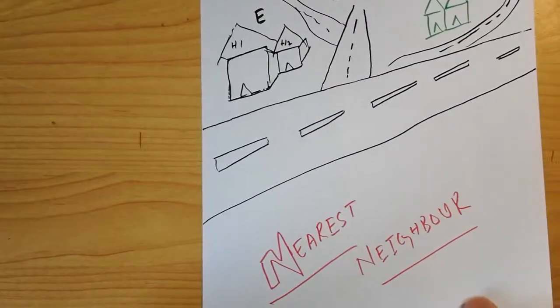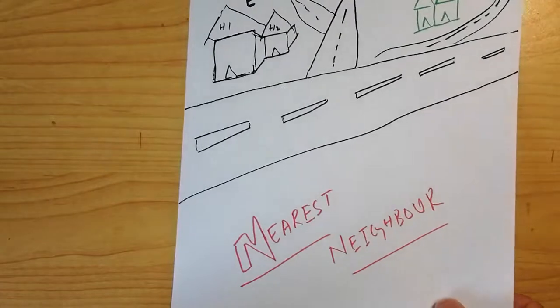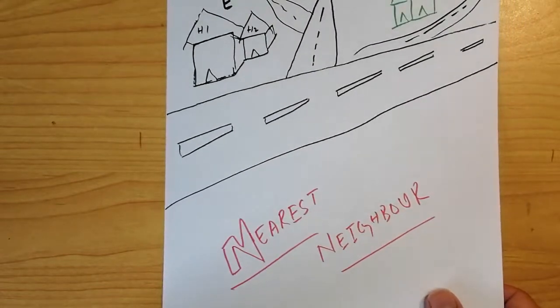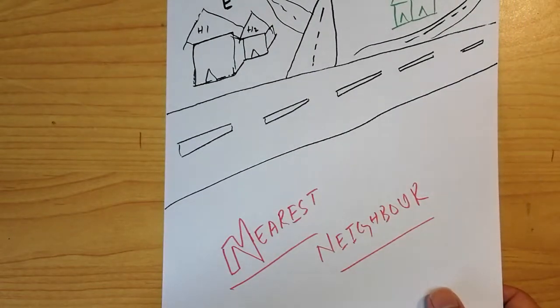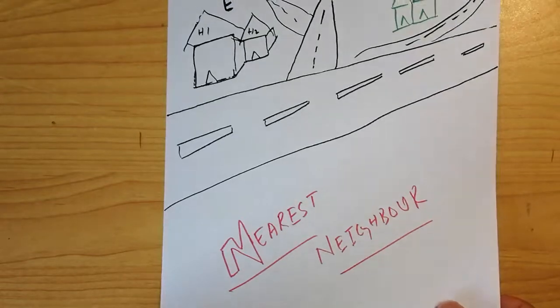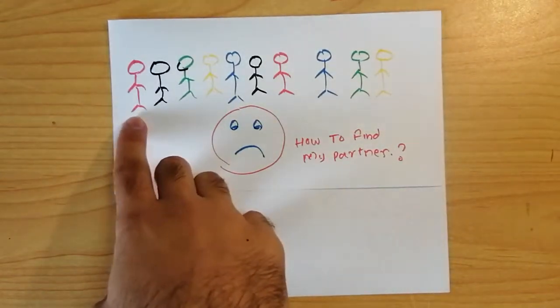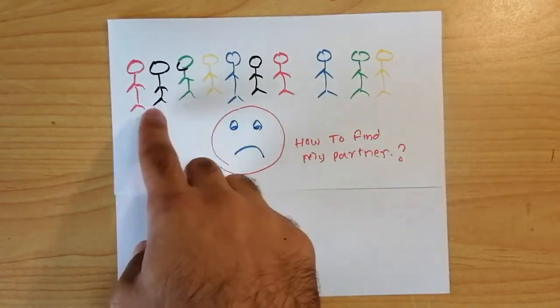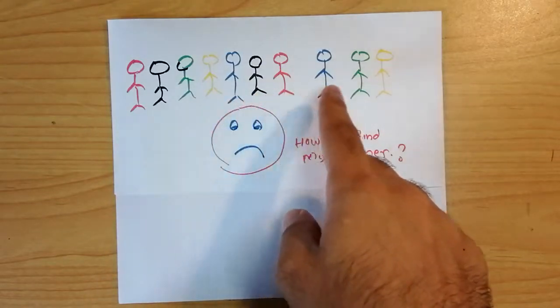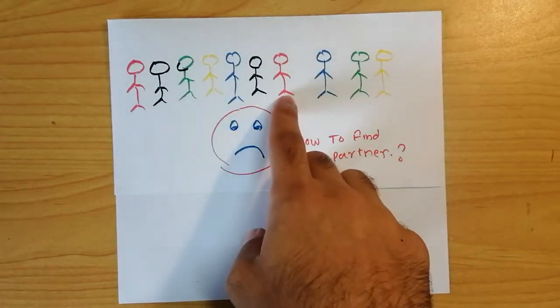Now, while doing this task, it was not easy because everyone has to ask every other student. So, for example, if I see this picture, this red guy wants to find a partner who is closest to him. For example, this guy is closest to him.